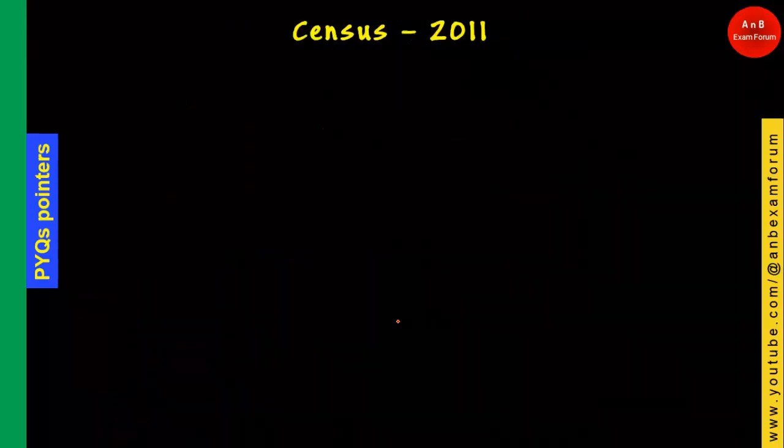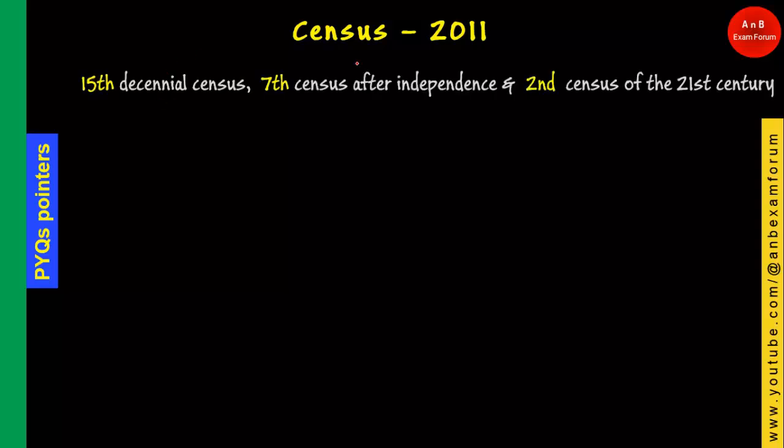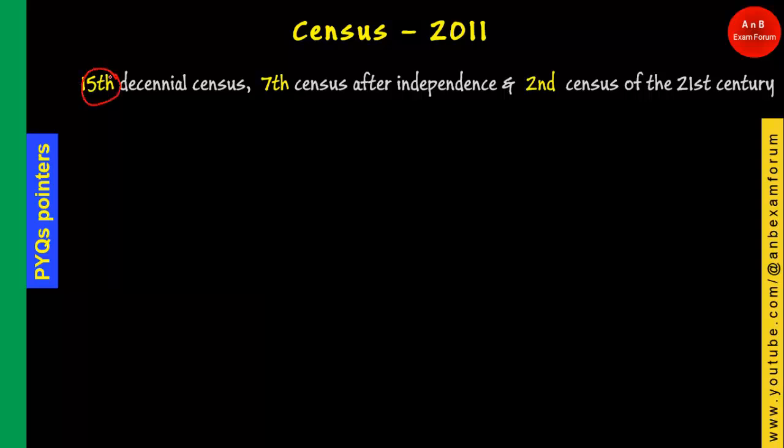Let's see a few important pointers related to census 2011. Students, just remember, census 2011 is the 15th decennial census, the 7th census after independence, and the 2nd census of the 21st century. 15th decennial means counting from the starting point, 1881.